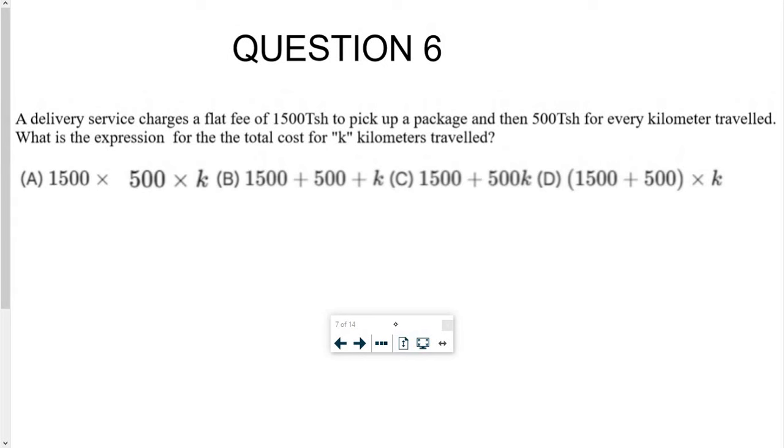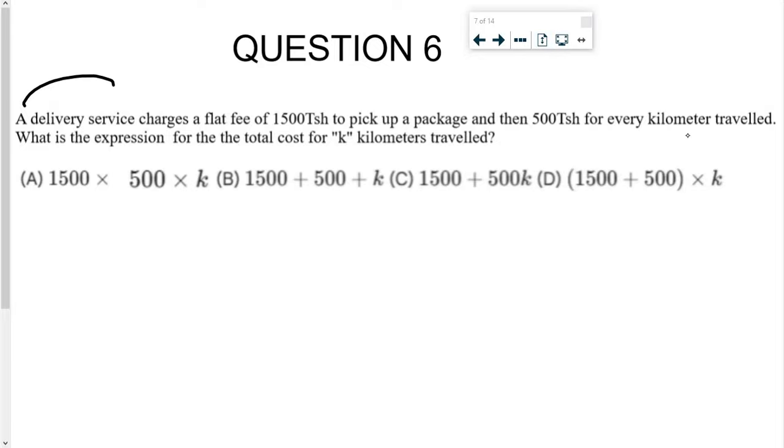A delivery service charges, I repeat, a delivery service charges a flat fee of 1,500 Tanzanian shilling to pick up a package, and then 500 Tanzanian shilling for every kilometer traveled.